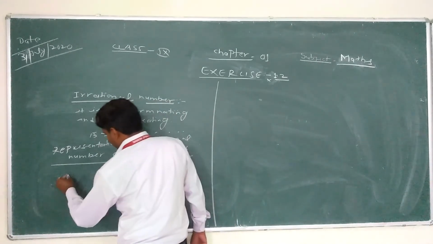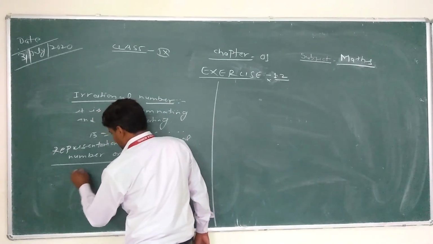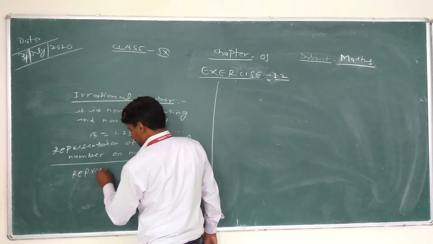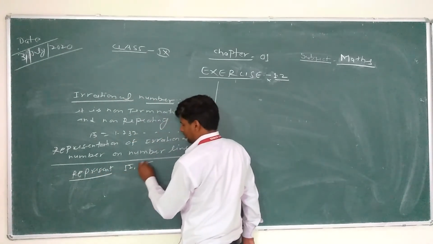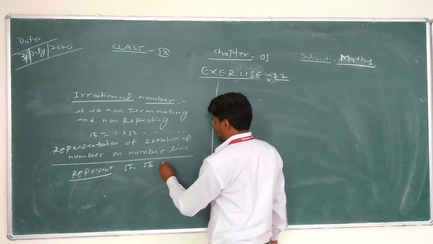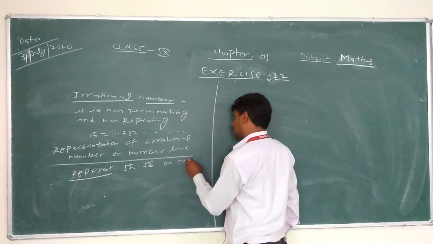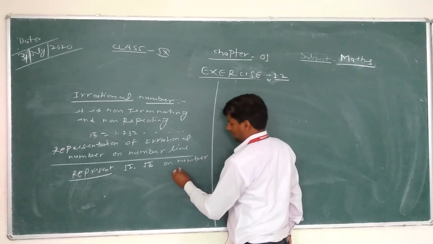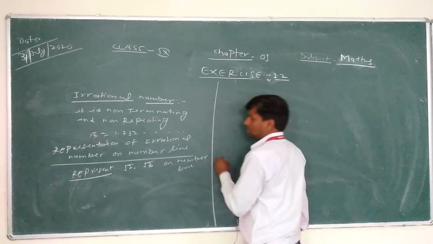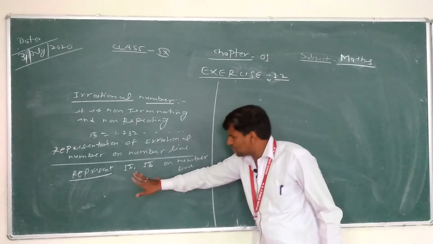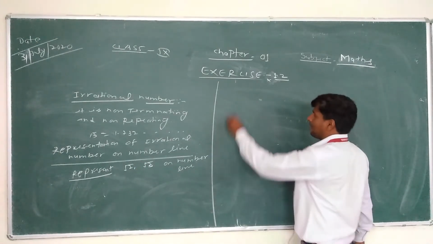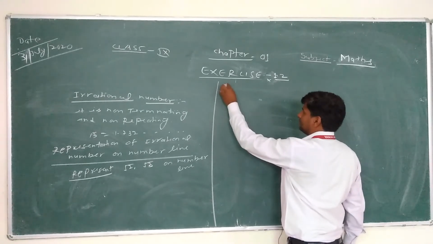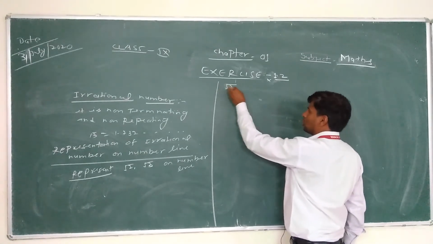Like as we can represent root of 2 and root of 3 on number line, because both numbers are irrational numbers. So how can we represent on number line? First number is given, that is the root.